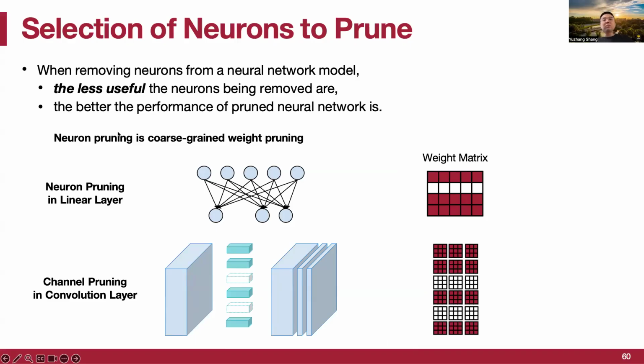So when removing neurons from neural network models, the idea is that the less useful neurons should be removed, right? If we can remove those less useful neurons, the pruned neural network will achieve better performance, right?